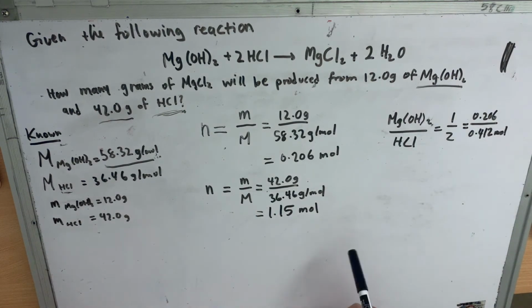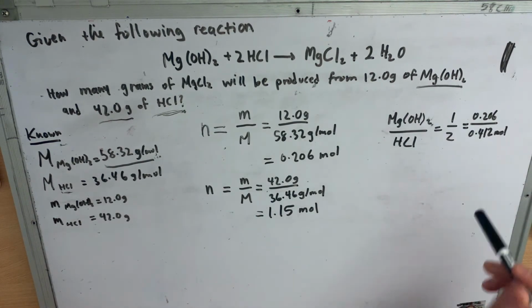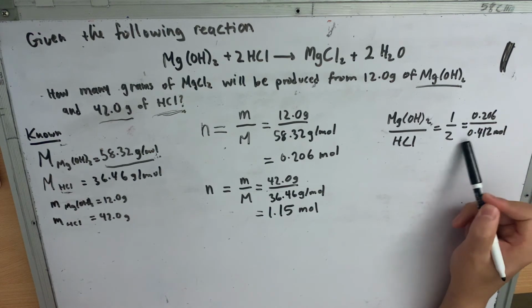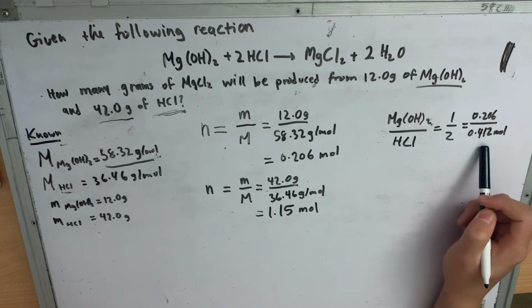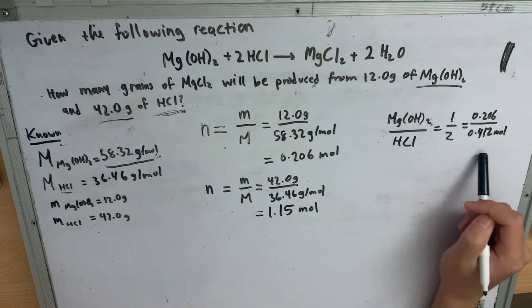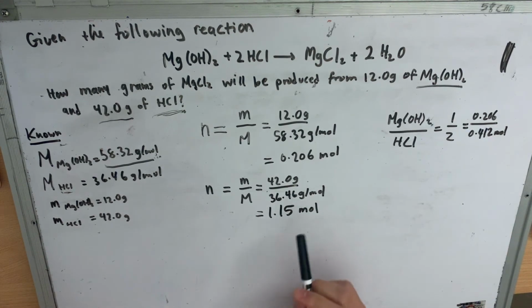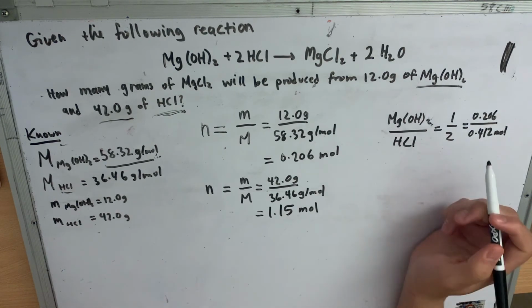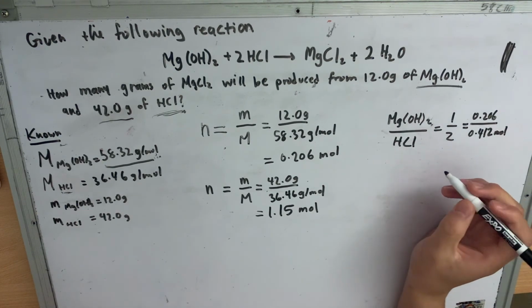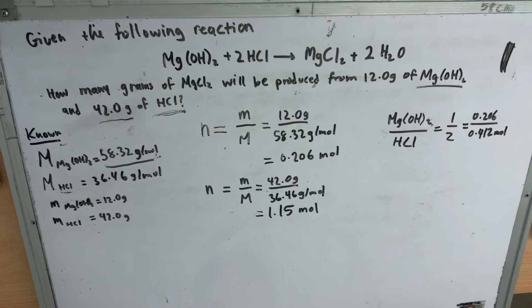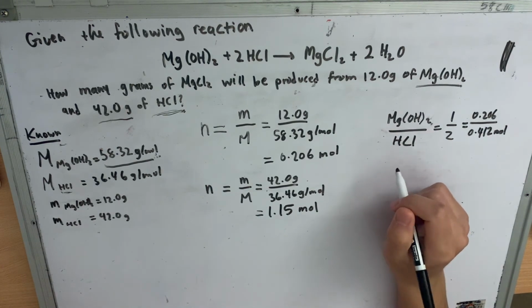So for this reaction, we only need 0.412 moles of HCl. However, we have 1.15 moles, which is more than we need, which means that magnesium hydroxide is the limiting reagent, because we have more than enough HCl to react with the MgOH2.